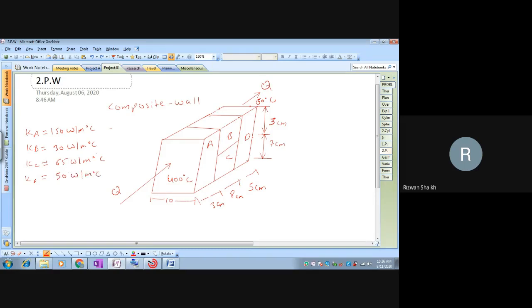All four thermal conductivities are given, and they ask us to assume one dimensional heat flow, and to calculate the heat flow rate through the composite wall as shown in the figure.